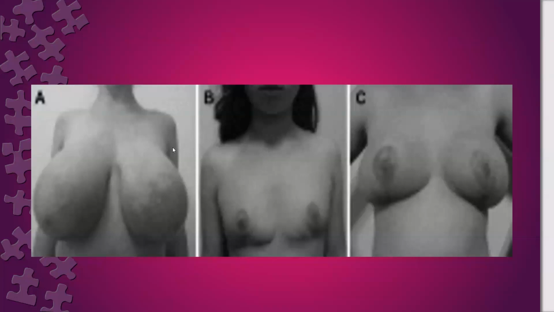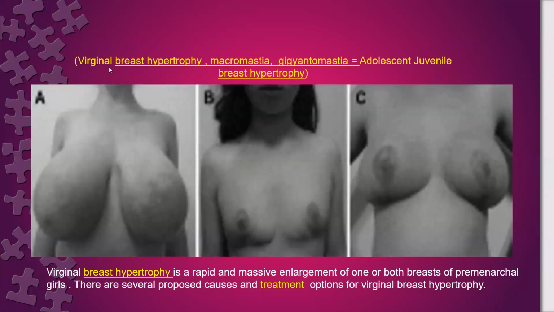They also call it virginal breast hypertrophy. Same: macromastia, gigantomastia, adolescent or juvenile breast hypertrophy. All are alternative names. It is rapid, excessive, massive glandular enlargement, mostly glandular like pregnant and lactating ladies. I'll show the same case in the ultrasound lectures, inshallah.